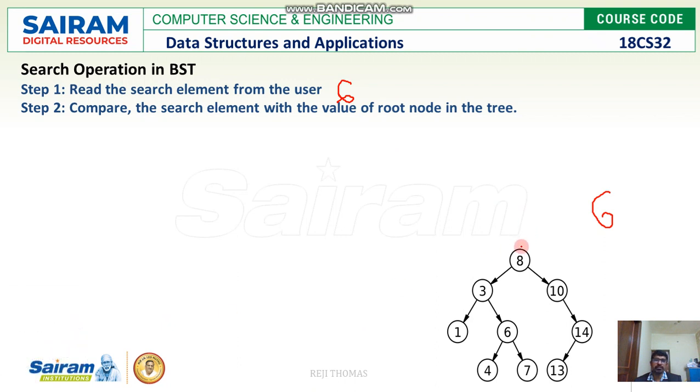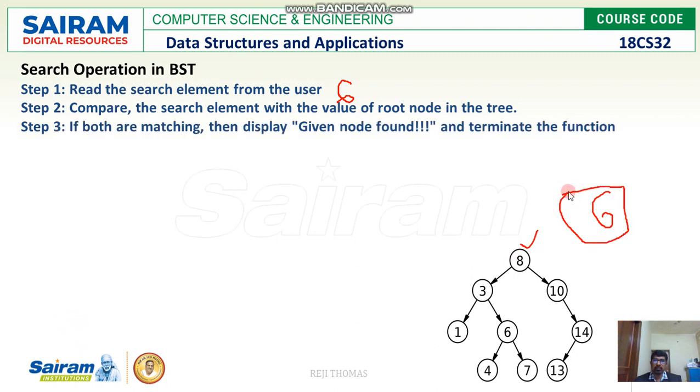Root is 8, and the element to be searched is 6. Whether the element to be searched is matching with the root element, it's not matching. 8 is not equal to 6. If both are matching, you can print a message given not found and terminate. But in this case, it's not matching.